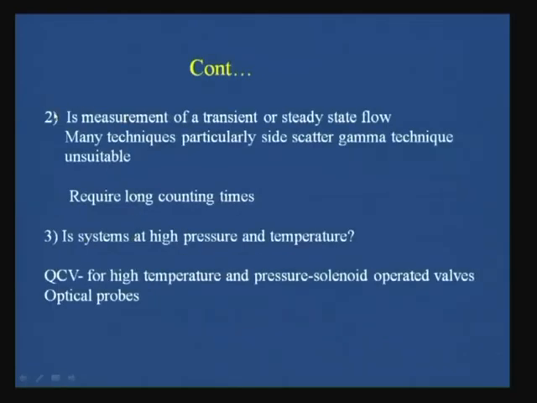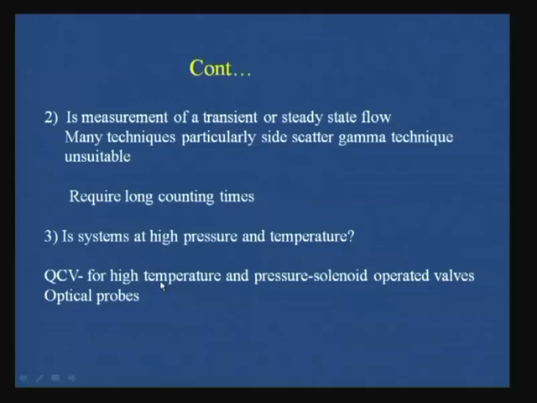Another question is, does the measurement have to be transient or steady state? I have already told you that techniques like the quick closing valve and side scatter gamma technique are unsuitable for transient measurements since they require a long counting time. These cannot be used. Next, very frequently we have to deal with systems which are at high pressure and high temperature.